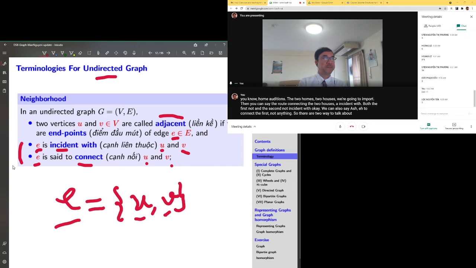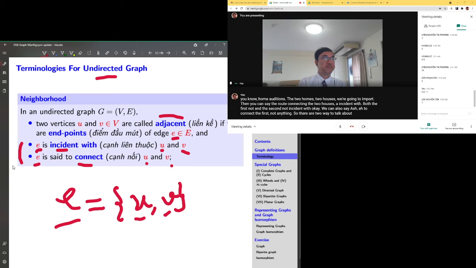So not only the notation but also the English terms, you have to be very careful. Incident with or connects, but the nodes themselves we call adjacent. Then after we define that, we can move on to the important definition here.